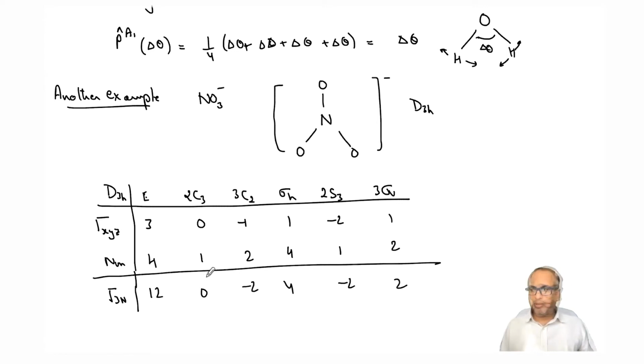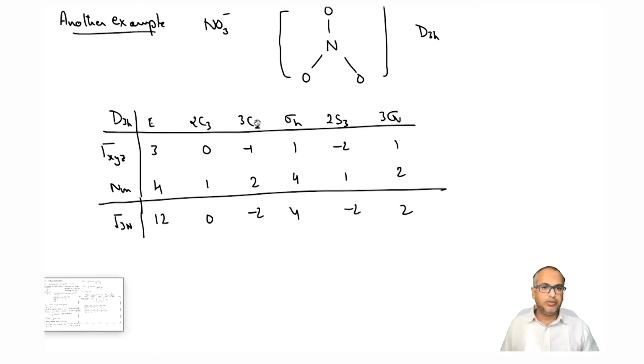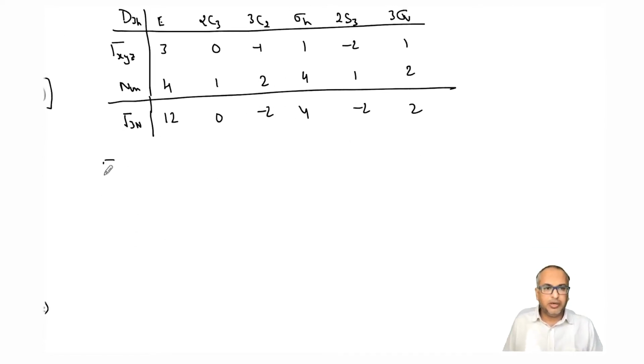Now upon reduction of this, tau 3n can be broken into the component IRs using the reduction formula. So this will be A1 prime plus A2 prime plus 3E prime plus 2A2 double prime plus E double prime, right?